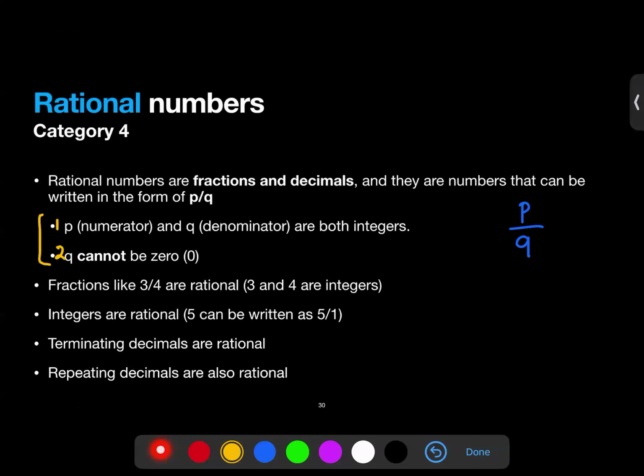So these are the 4 types of ways we can express rational numbers. So any fraction is a rational number.